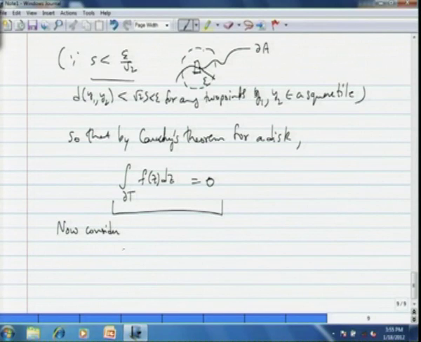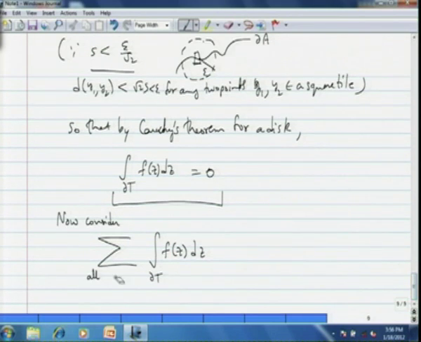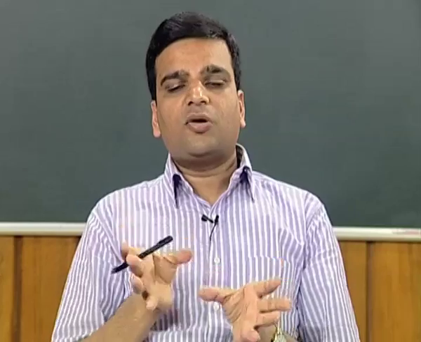So, now you consider the summation of the contour integral on the boundary of a tile T of f(z) dz, where the summation runs over all square tiles, all special and normal tiles T. These have to be finite, because you are considering the intersection of a compact set A with these square tiles. So, there are only finitely many tiles like this.